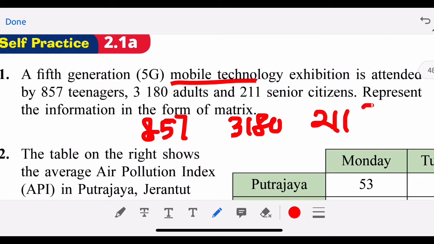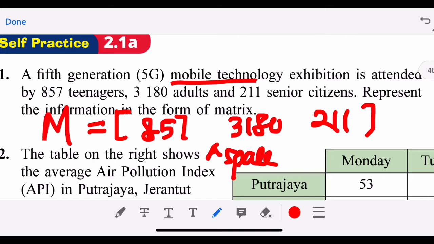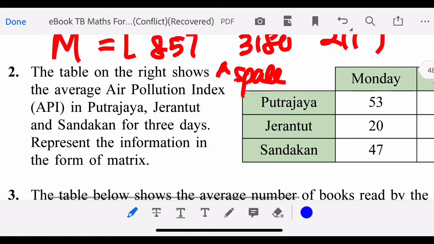So it's just so simple. Make sure you leave space here, don't write too close. You can represent it by a capital letter. Let's say this is fifth generation mobile technology, you can just use M. Up to you. You can use a big letter to represent the matrix.